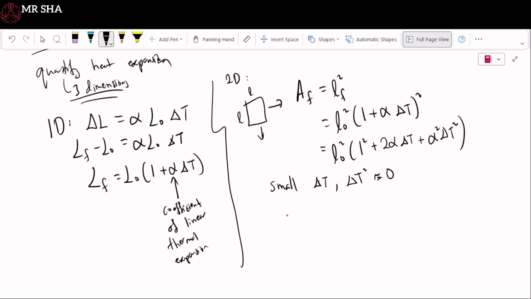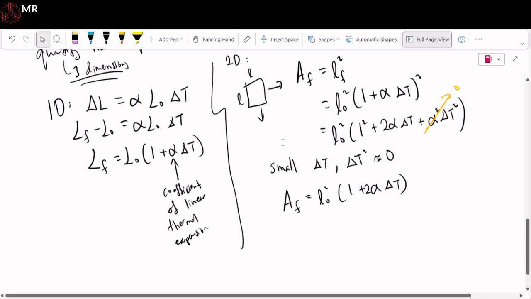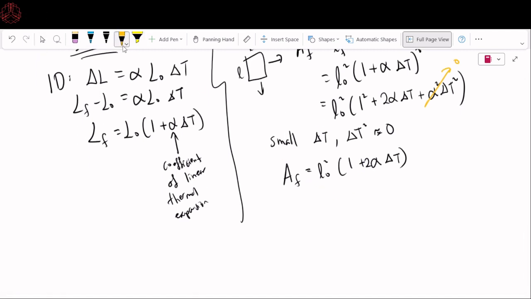So what that means is that my A final is simply L naught squared times 1 plus 2 alpha delta T. Okay, so this goes away. Again, L naught squared here is just A naught, the original area.